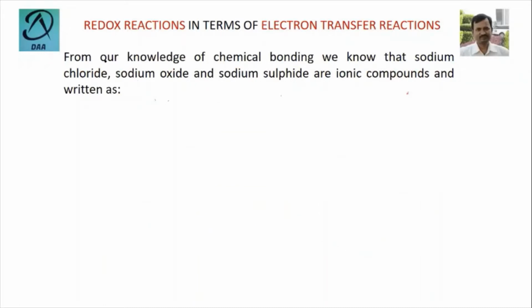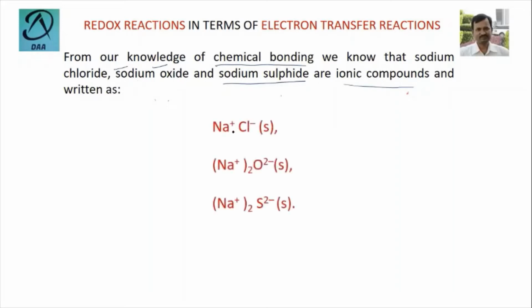Now, from our knowledge of chemical bonding, we know that sodium chloride, sodium oxide, and sodium sulfide are ionic compounds. So how do we write this? We'll write the ionic forms of the sodium compounds as Na+ Cl-.